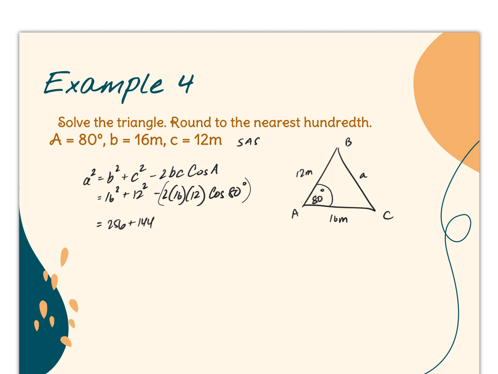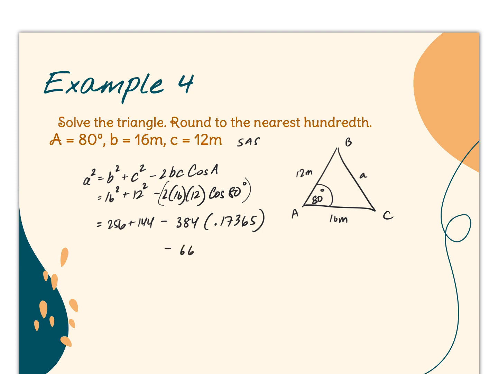This is 144. If I was to do 16 times 12 times 2, I would get 384, and the cosine of 80. I'm just trying to write this out. Obviously I would type it all in my calculator in one shot, but I'm just trying to make sure that you have somewhat similar numbers to me.